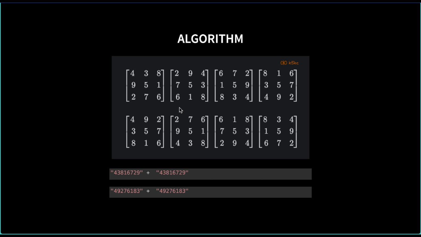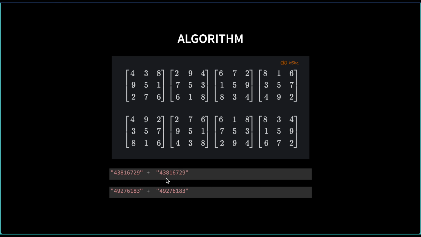And we saw that these boundary elements are a rotated version of 4, 3, 8, 1, 6, 7, 2, 9. To find out if a string is a rotated version of another string, we can double the string and then check if the string is present in this double size string using the contains method. So for example, let's take this matrix. Then we can see that the boundary elements are 6, 7, 2, 9, 4, 3, 8, 1.